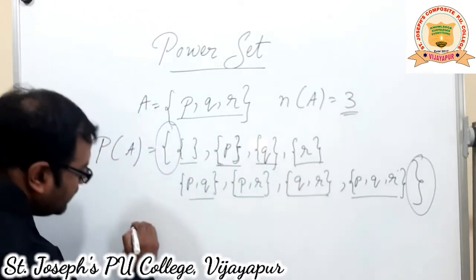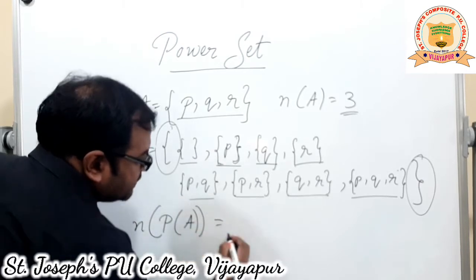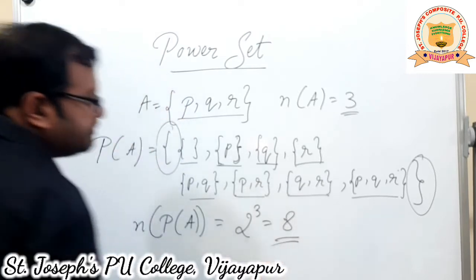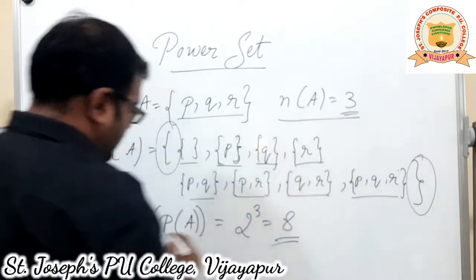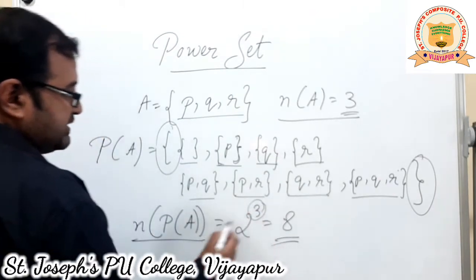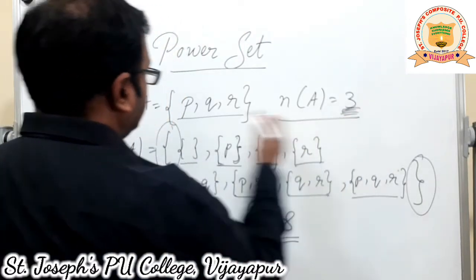So I can write now: the number of elements in the power set of A is equal to 2 raised to 3, which is 8. There is a connection between the number of elements of A and the number of elements of the power set of A. The power, the index value, is nothing but the cardinality of the given set.